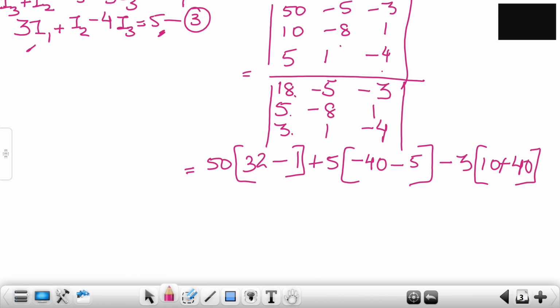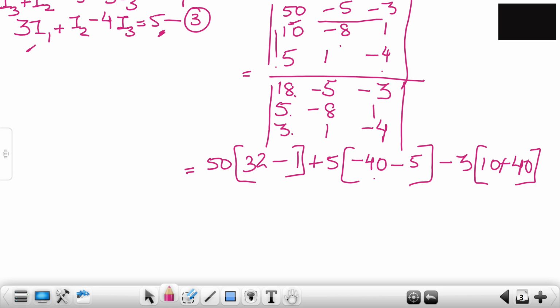I repeat again. You take this term 50. So 50 means this row and this column is not considered. Take the other term. So it will be 8 fours are 32 minus 1. The second term, when you are taking into consideration, it's always minus. So minus into minus of 5 becomes plus 5. So this top row and the second column is not considered. So it will be 10 into minus 4, that is minus 40, minus 5. And the last term is minus 3. So the first row and the third column is not considered.